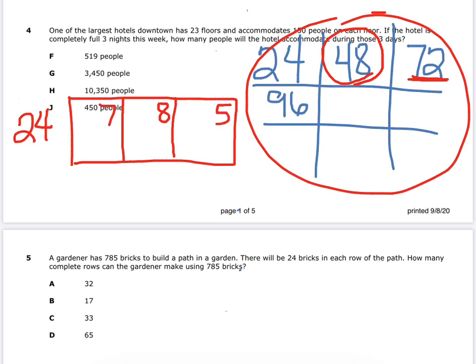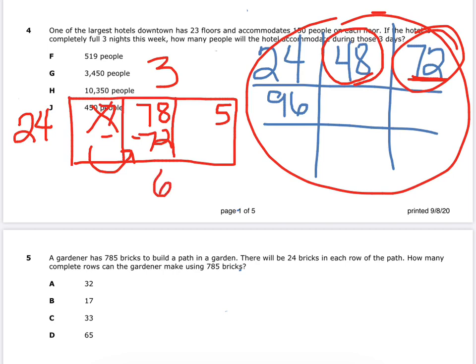So first thing, 24 can't go into 7. So I'm going to X out that 7, and push it to the 8. 78. 24 can go into the box where 78 is 3 times, which is 72. And then you subtract. That gives you 6.